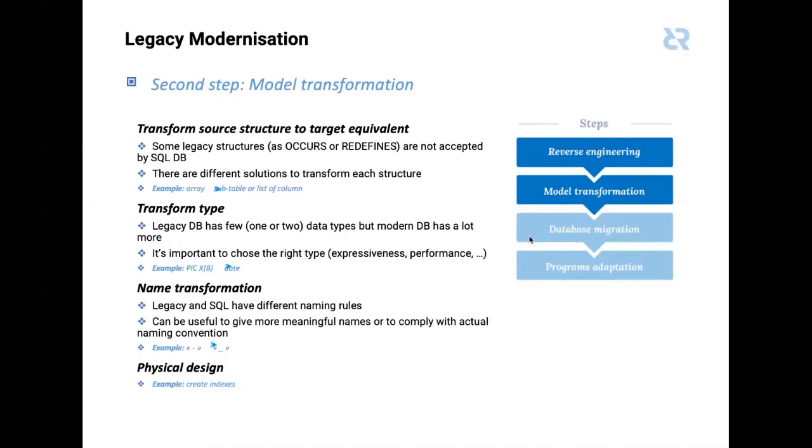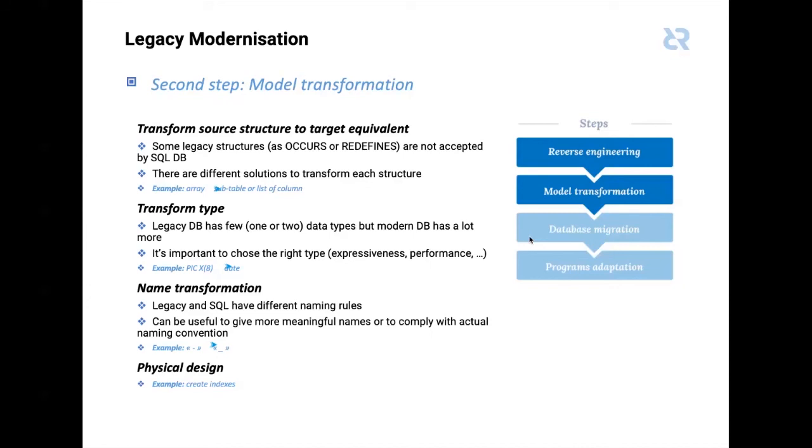Then the fourth step in model transformation is to look at the name transformations. Legacy and SQL databases have different naming rules, and it is important to harmonize and to make a decision. So it can be useful to give more meaningful names to comply with the naming convention within your organization.